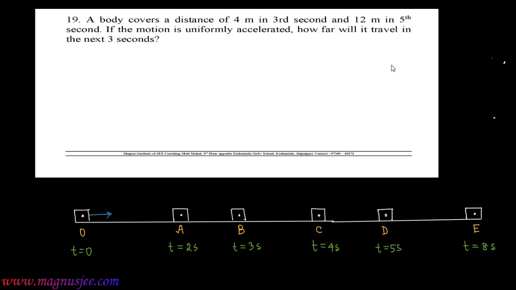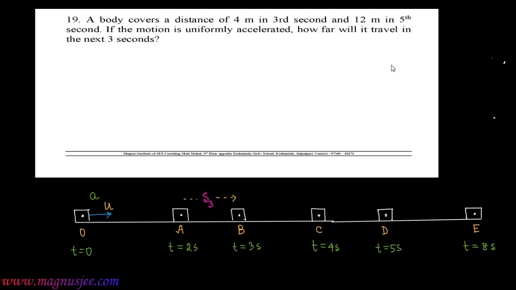From the point O, the body started its motion with initial velocity u and uniform acceleration a. The distance traveled by the body in third second, that is between 2 second and 3 second, is S3.